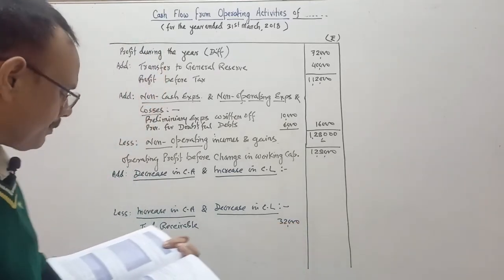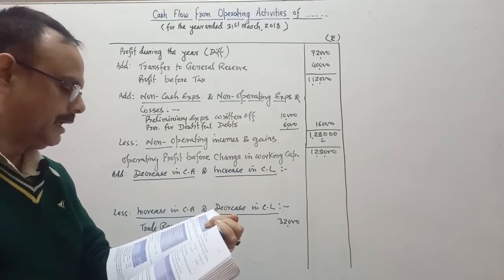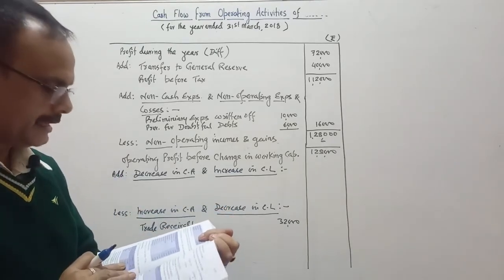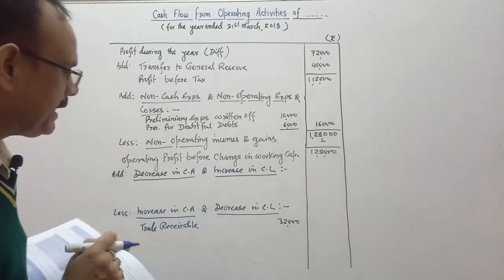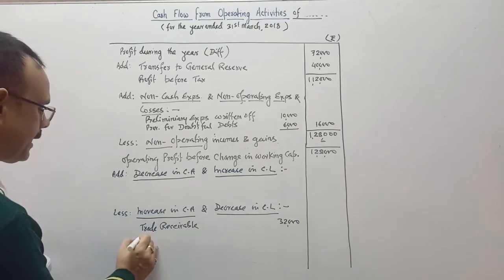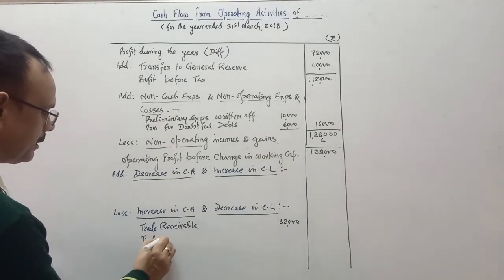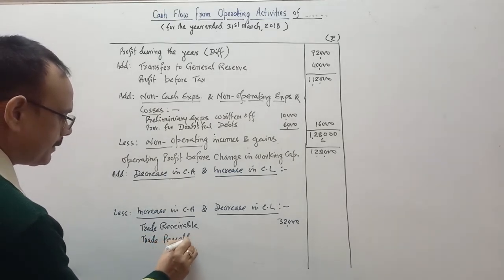Next is trade payables. Last year it is 60,000 and in 2018 it is 52,000. So trade payables decreased by 8,000. Trade payable is a current liability.